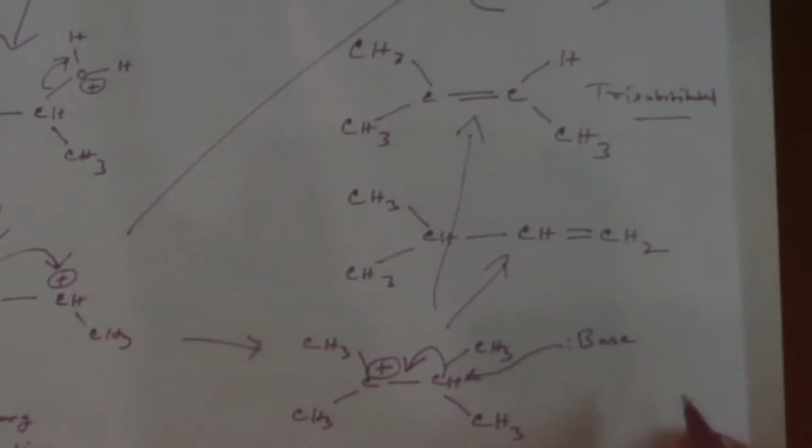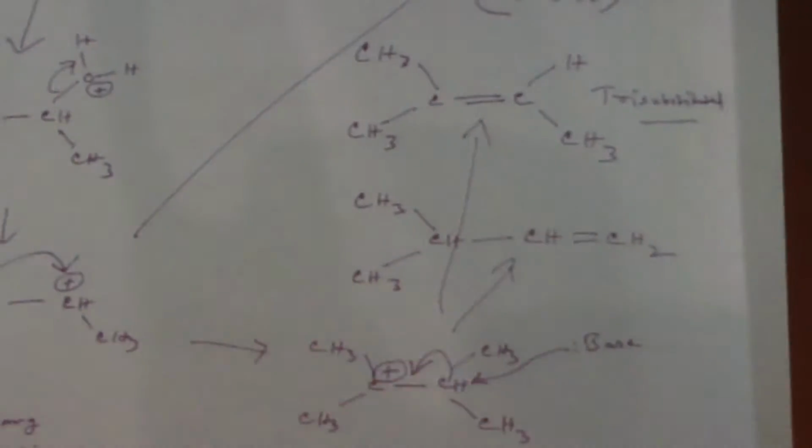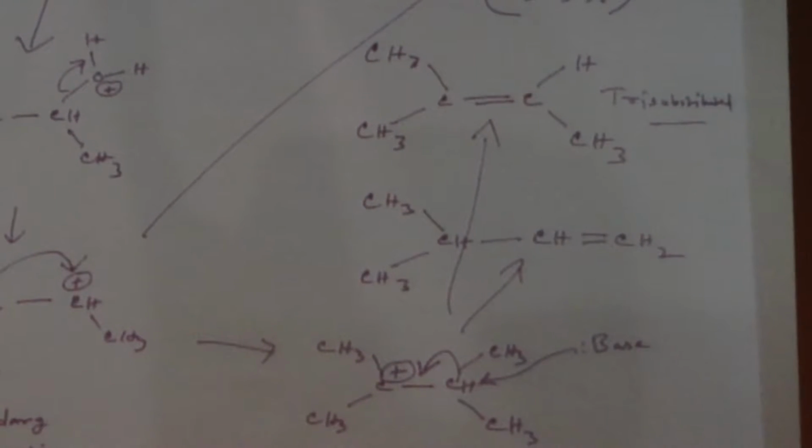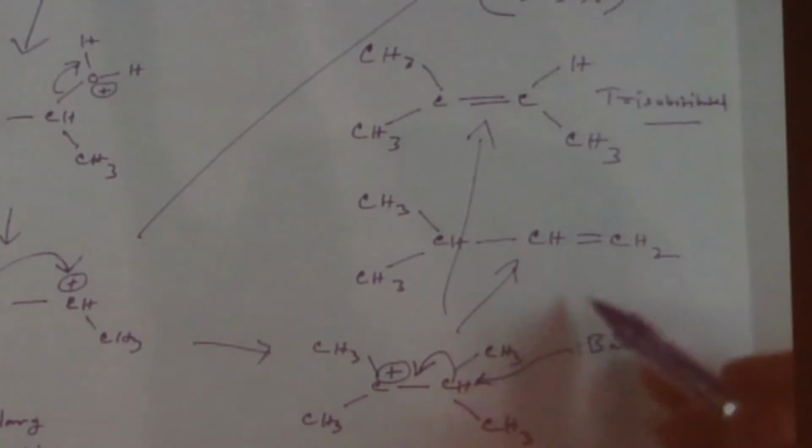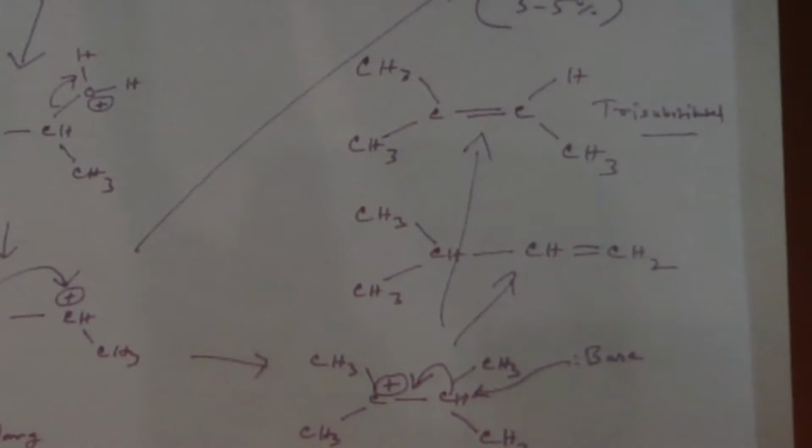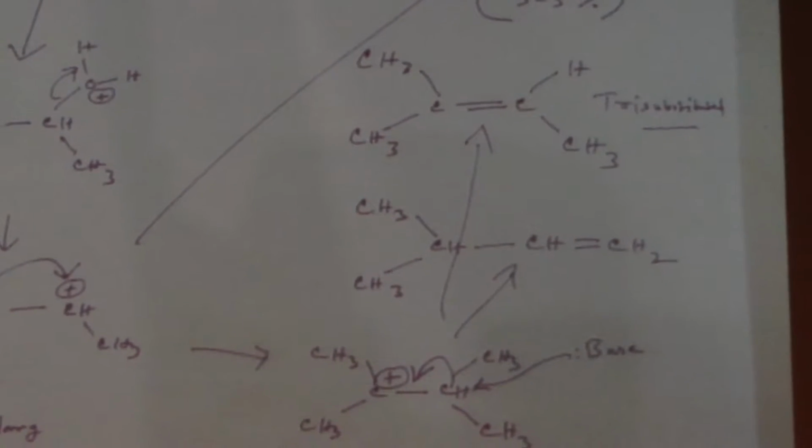And obviously, this one gives you the more stable product because this is actually trisubstituted, as opposed to the first 2, those are both monosubstituted. First one and the third one would be the monosubstituted across the double bond.